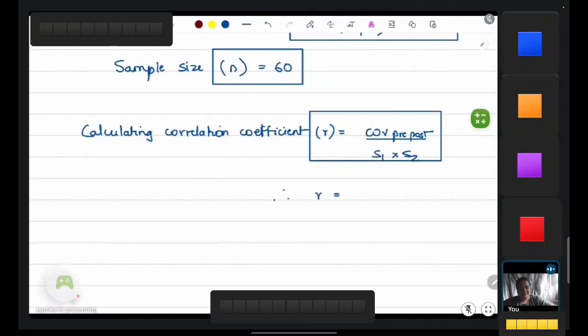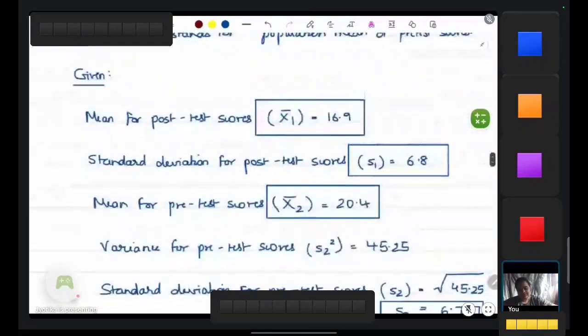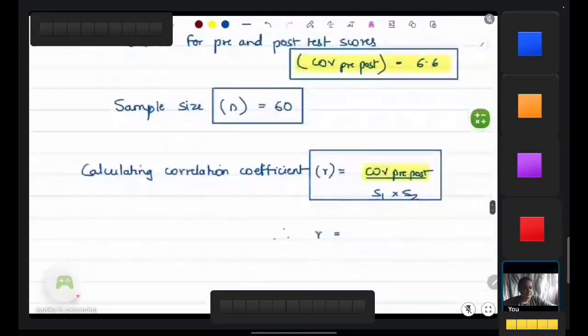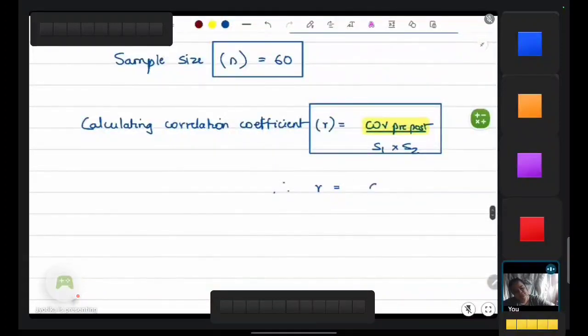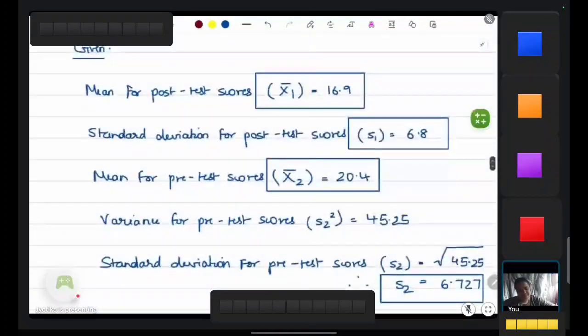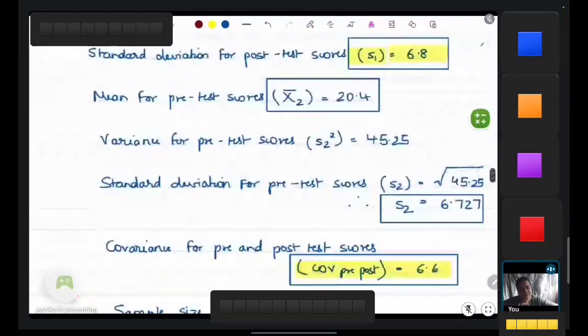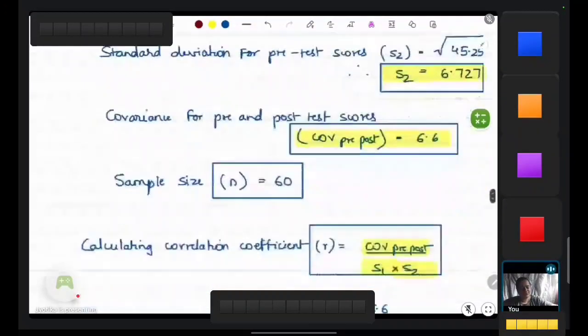Now we just have to substitute, so I'm doing it quickly. Covariance pre-post we have written over here, right? So covariance pre-post is 6.6. On the numerator I'm taking 6.6. Denominator S1, which is 6.8. Just keep referring to the given, okay? S2 we have calculated in the previous step. S2 was 6.727.